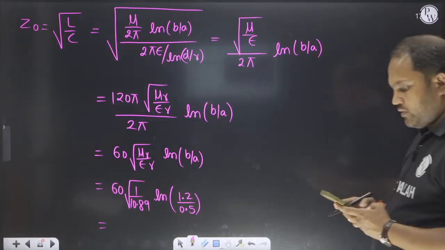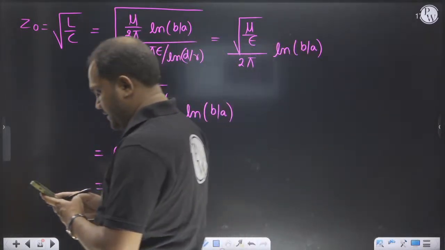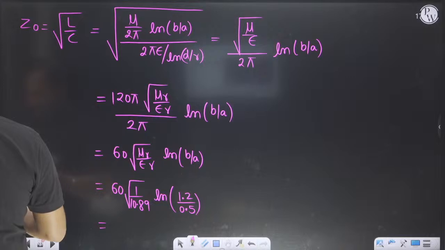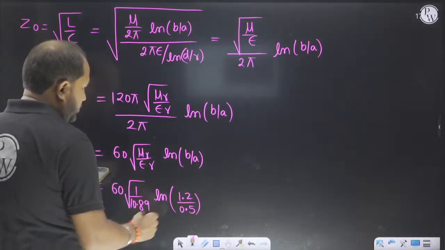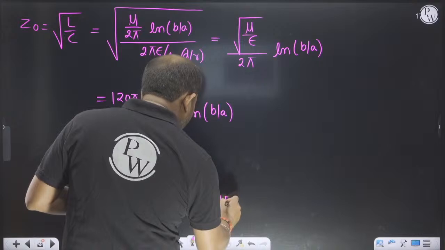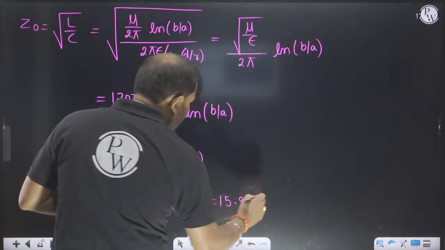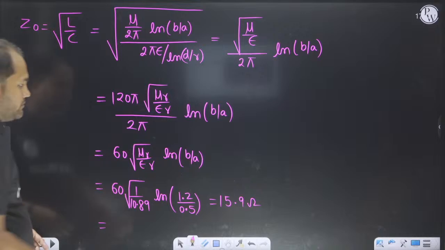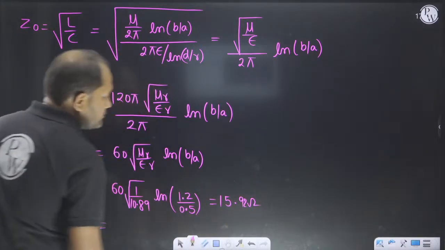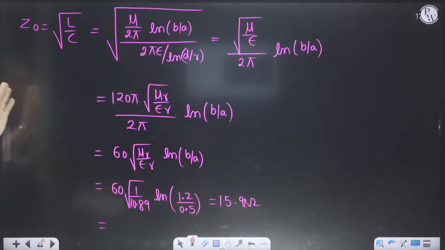So 2.4 into 18.18, it is 15.9 ohm. So this is the value of Z naught.